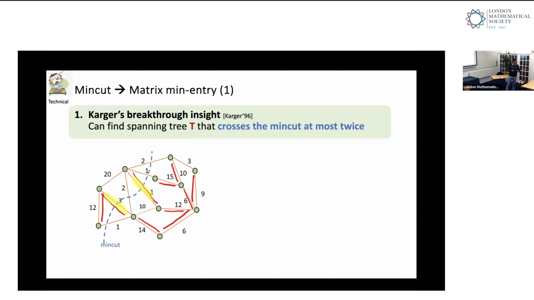So what's going on over here? If you have to search for min cut, there are 2 to the power n cuts through which I have to go, right? With this, how many edges are there in a tree? n edges. So how many cuts are there that cut 2 edges of the tree? Around n squared. So from exponential to n squared immediately, right? That's the search space.